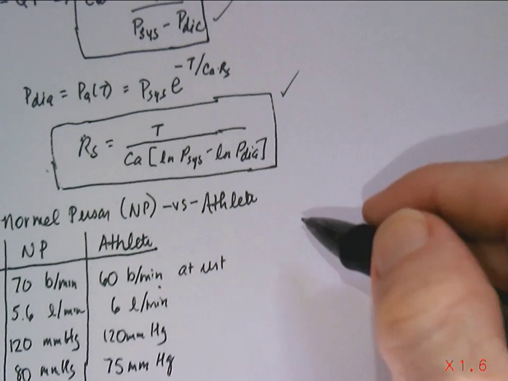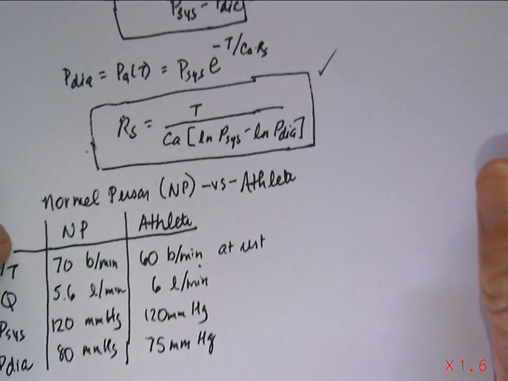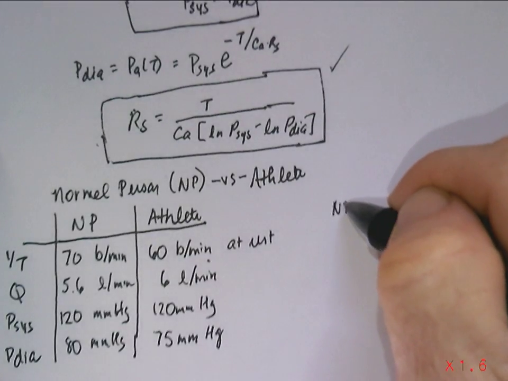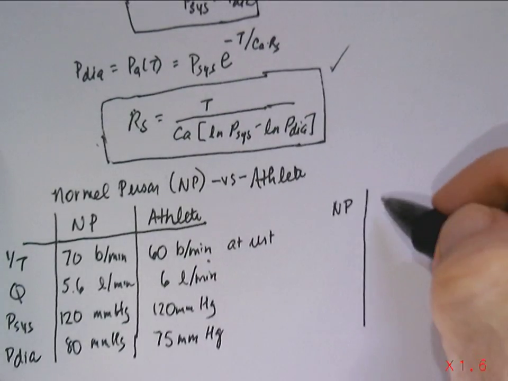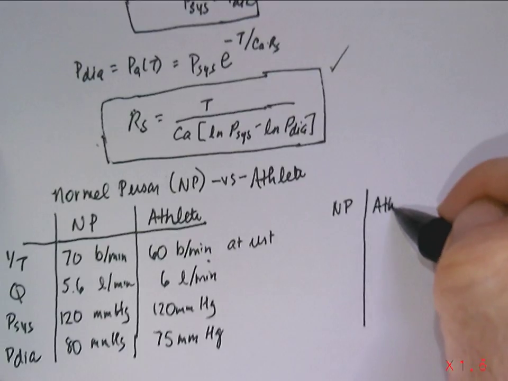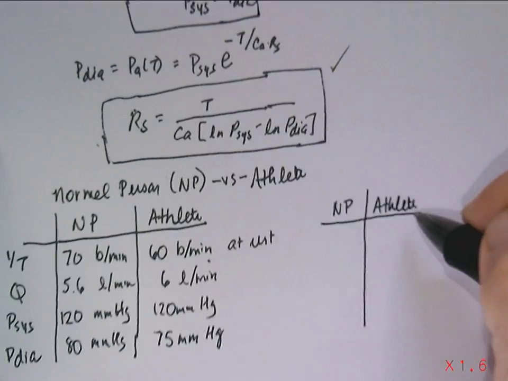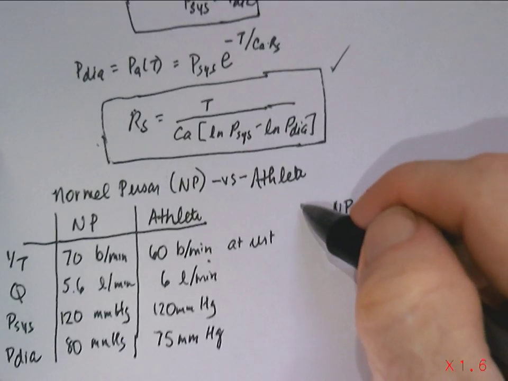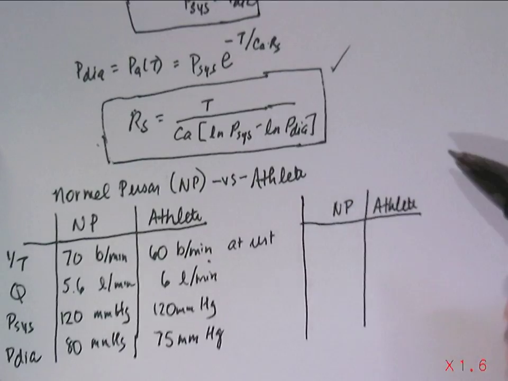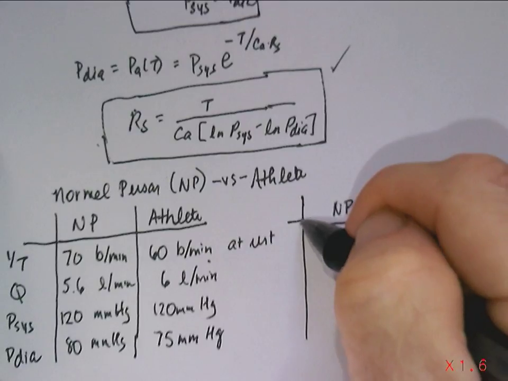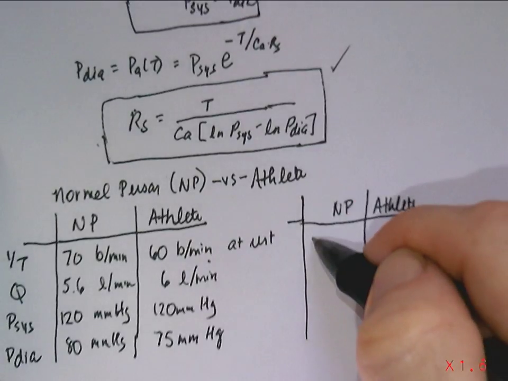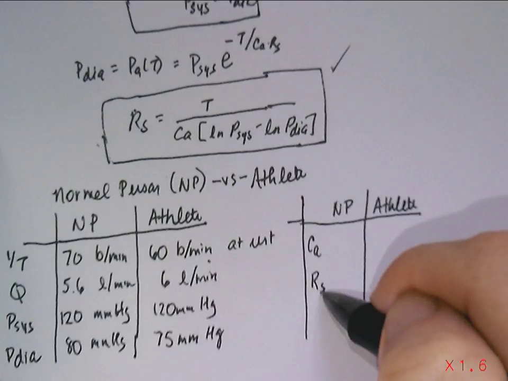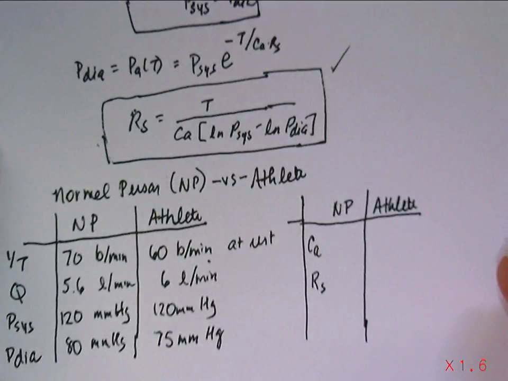So what we're going to look at is, let's now see with this table of data what the difference would be between the normal person and the athlete with regard to a couple of things. We're going to get CA, and we're going to look at RS. Okay? Compliance and the resistance.